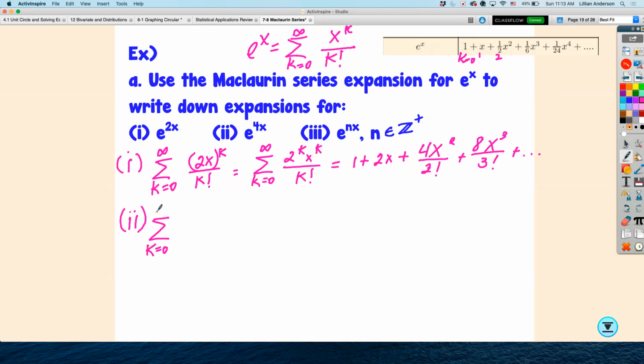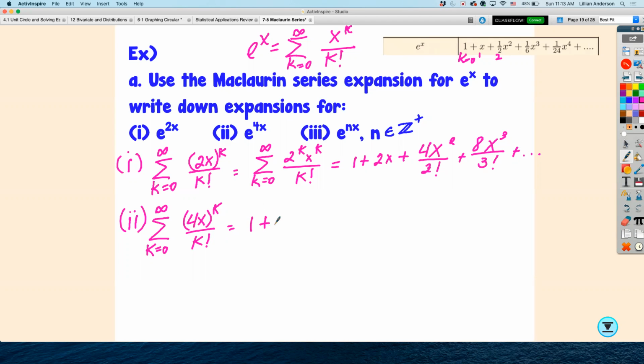Similarly, we are going to replace x with a 4x to the k power over k factorial. As we know, that would technically be 4 to the k, x to the k. So I'm going to leave out this step, and I'm just going to go ahead and write out the sum. So it's going to be 1, of course, because when we plug in 0, anything to the 0 power is 1. 0 factorial is 1.